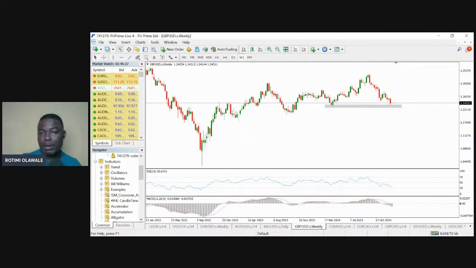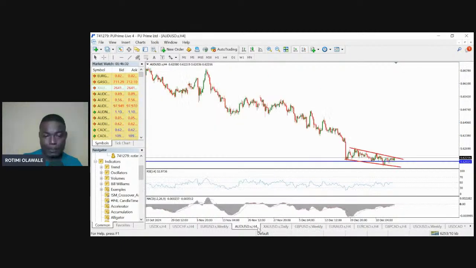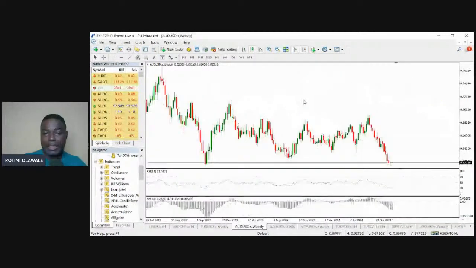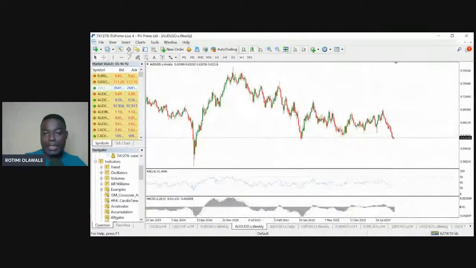So I have a bullish outlook on the GBP USD, and same thing on the AUD USD. I equally hold a bullish outlook on the AUD USD. Same reason, price closed last week on a support level on the weekly time frame.